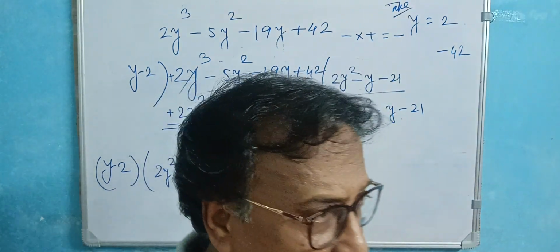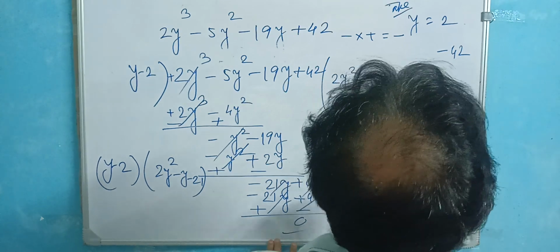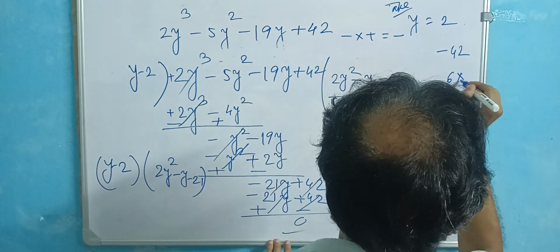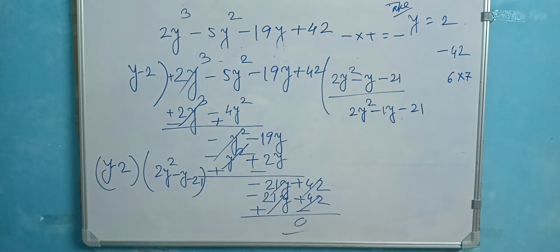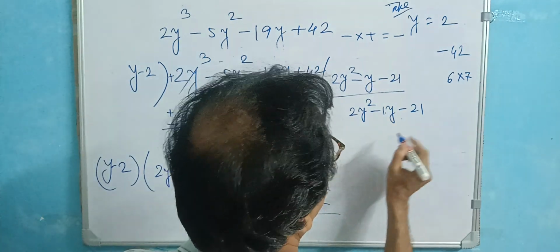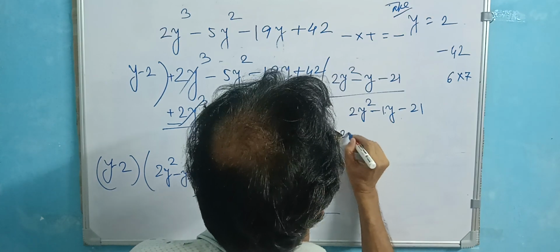That means one is greater, one is less. So the difference is what? You know 6 into 7, 42. So in this way, you just break it, and the greater is minus, so the greater value is minus 7.